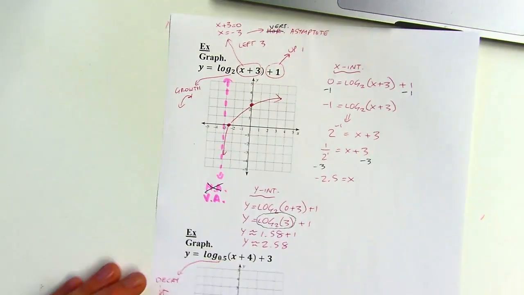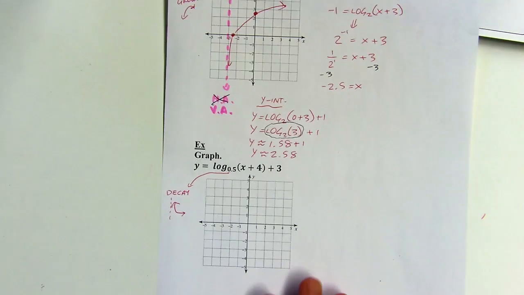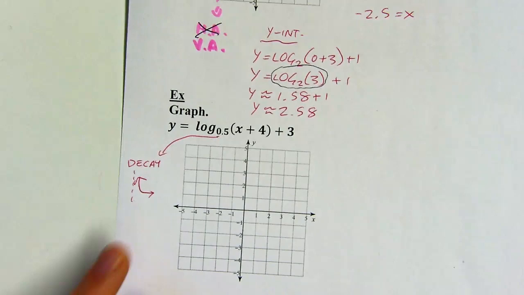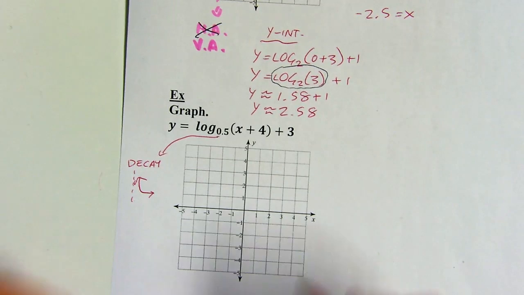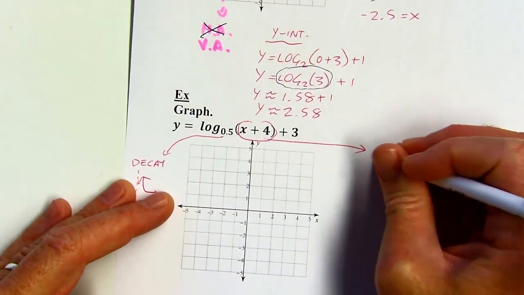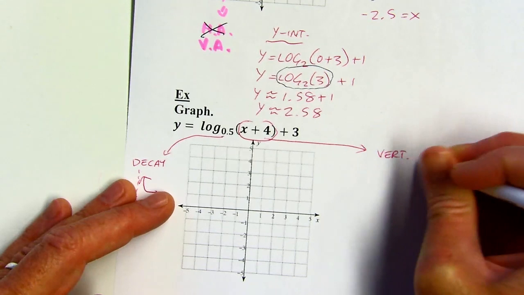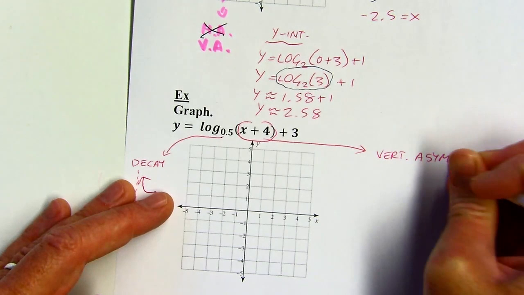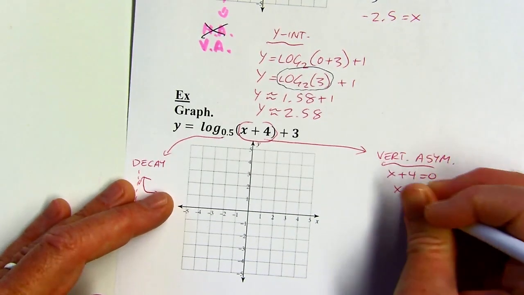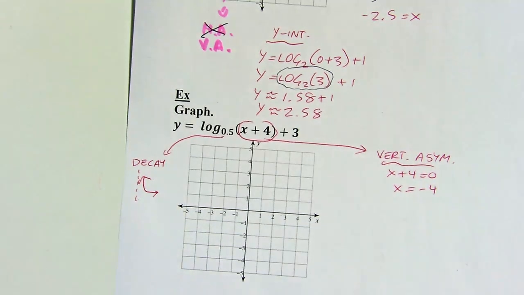Okay, so, all right, let's take a look at this one. Let's find that asymptote to begin with. So I'm going to take this to get my vertical asymptote. Okay, so x plus 4 equals 0, and then x equals negative 4.